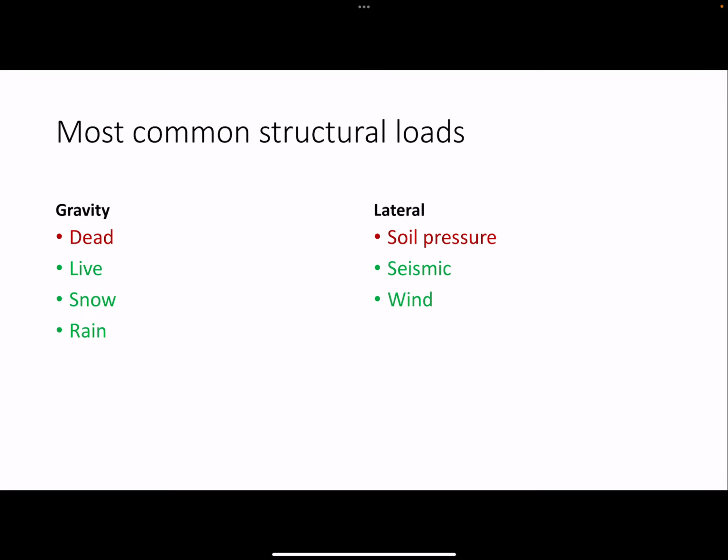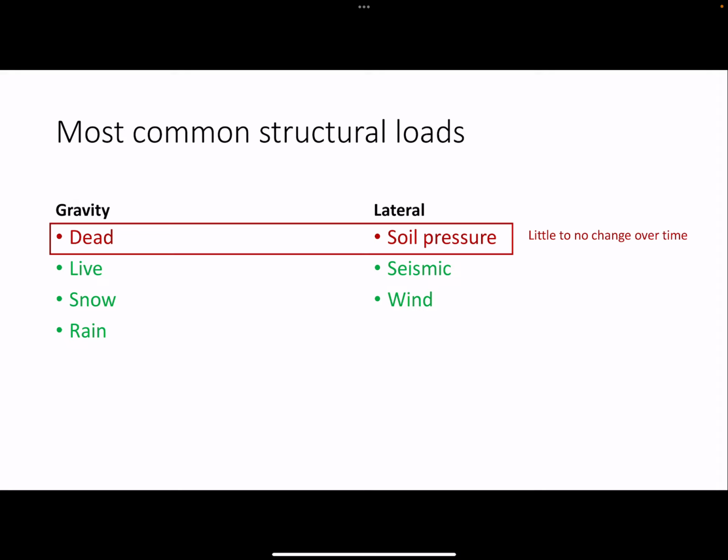So first we'll talk about lateral systems, but before we get into that, I'd like to give you a brief overview of the most common types of structural loads. And I've divided them into gravity and lateral, as you can see. So the ones in red, dead loads for gravity and soil pressure for lateral, both have very little change over time, so we consider them to be quasi-stationary loads.